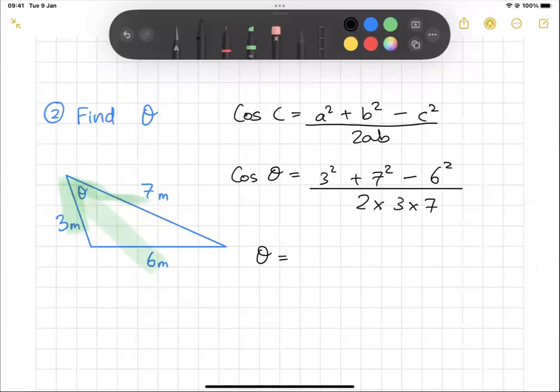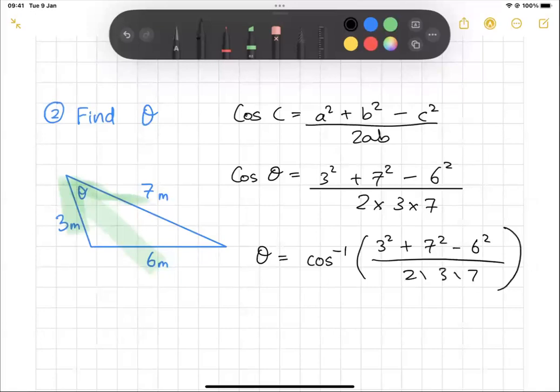The inverse of cos is cos inverse, or cos to the power of negative 1, of everything I just put in at the top: 3 squared plus 7 squared minus 6 squared, all over 2 times 3 times 7. Close it up, put that into your calculator, and you should get 58 degrees and 25 minutes, to the nearest minute.